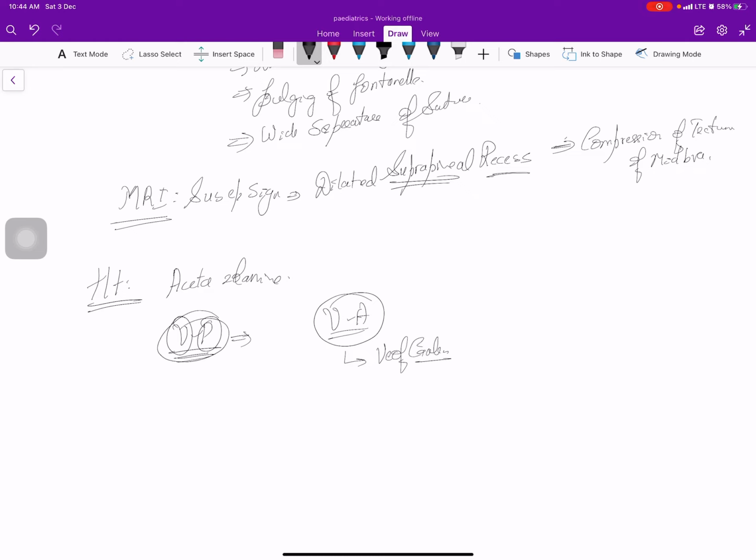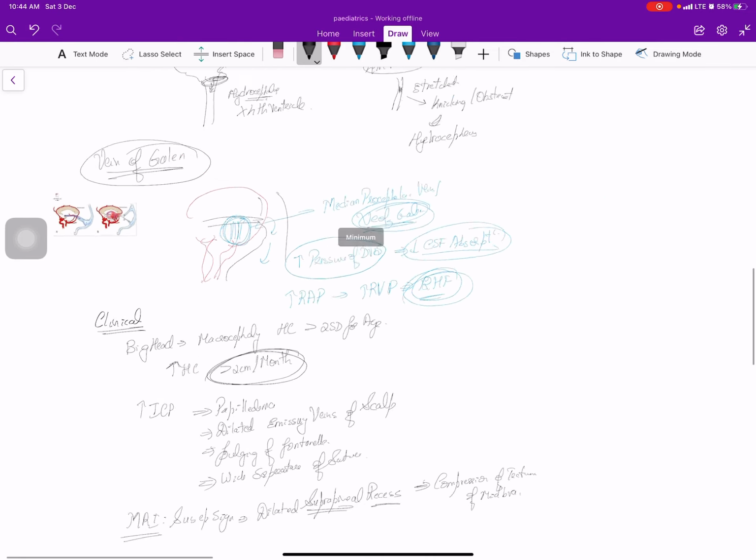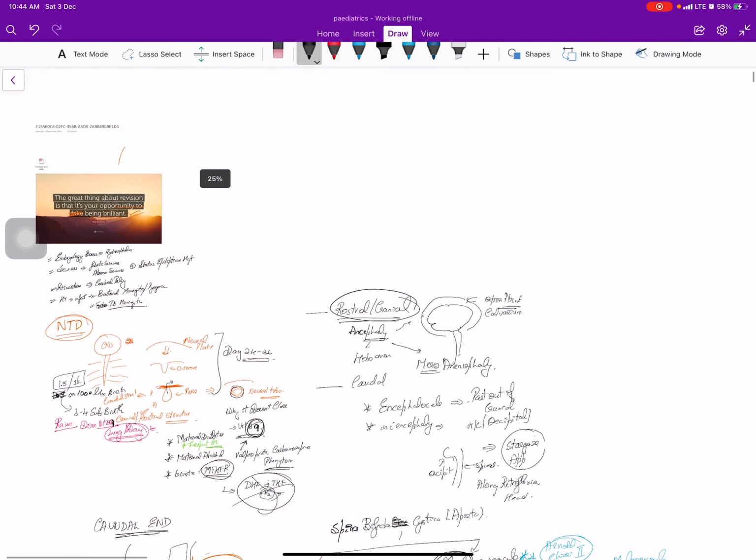And in case this patient ends up having meningitis, you don't need to do a lumbar puncture, instead you could do a shunt tap.